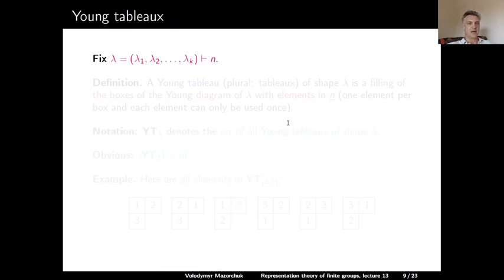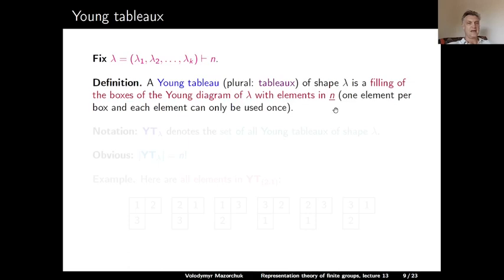Fix a partition lambda of n. A Young tableau of shape lambda is a filling of the boxes of the Young diagram of lambda with elements from our set n underlined. So each box should be filled with one element, and each element from n underlined can only be used once.